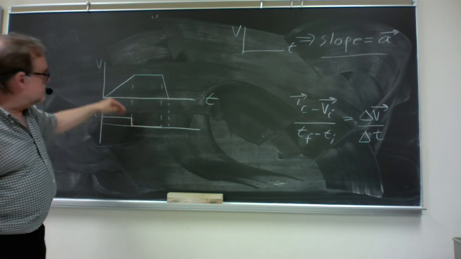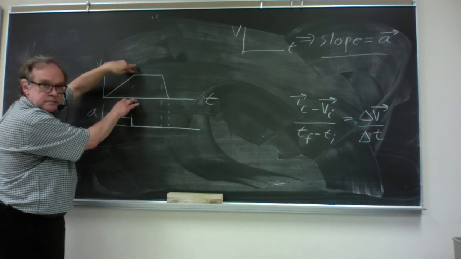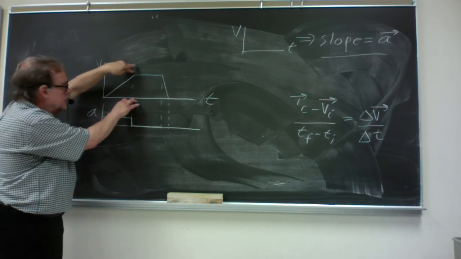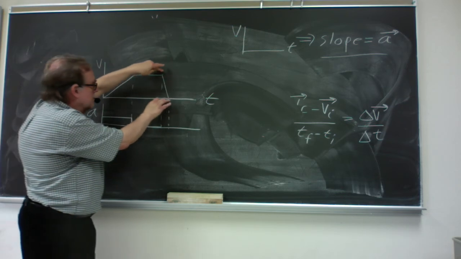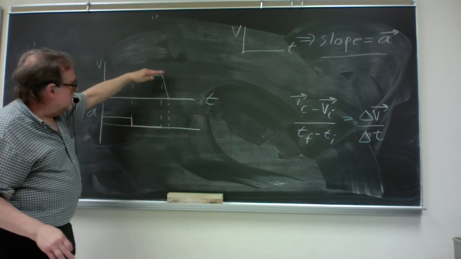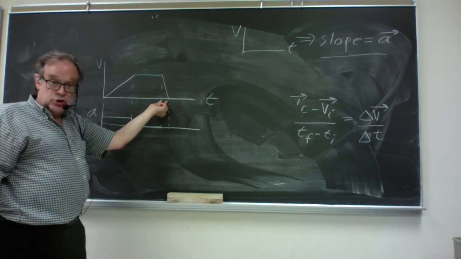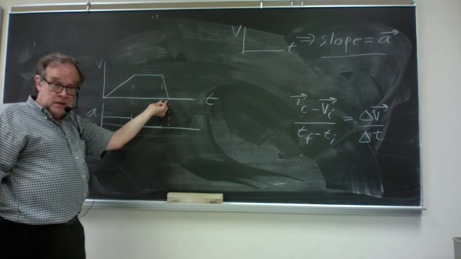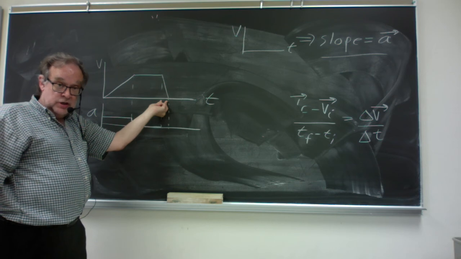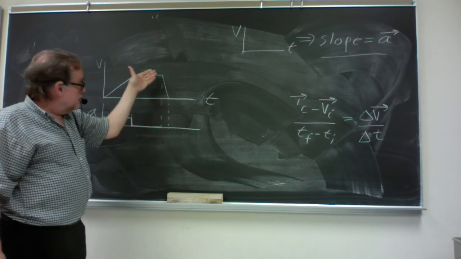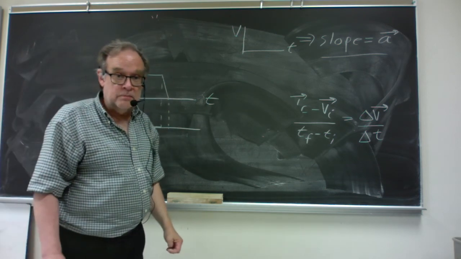The amount of velocity change that you get is the same in this time interval and this time interval, but here you get that same amount of velocity change in a much shorter amount of time.